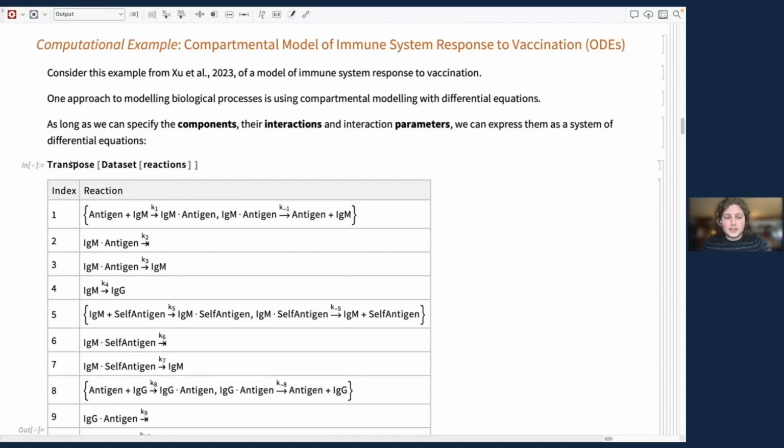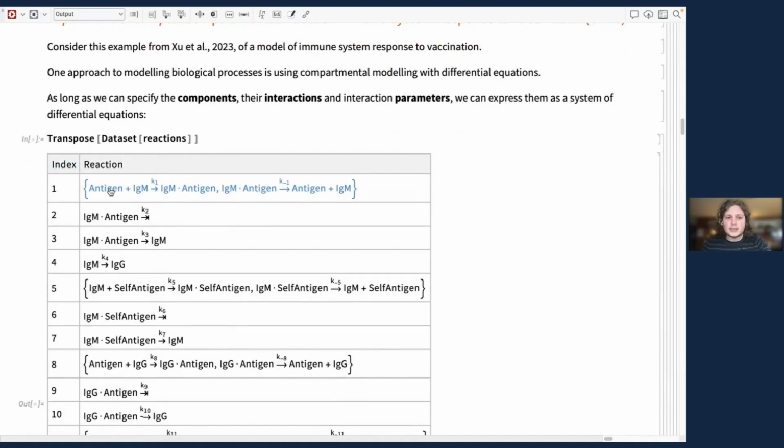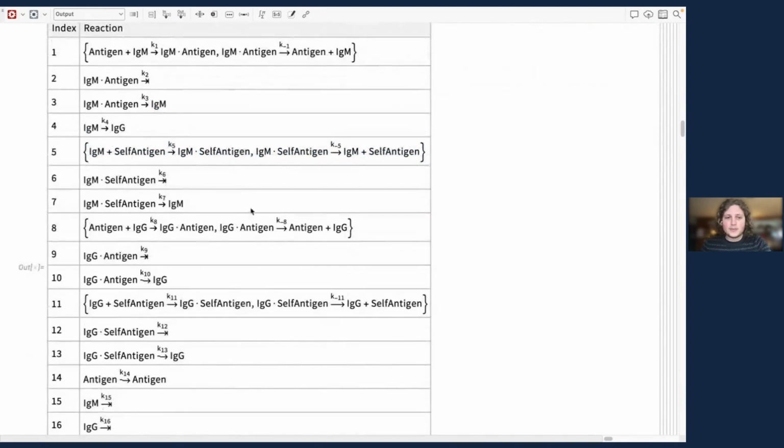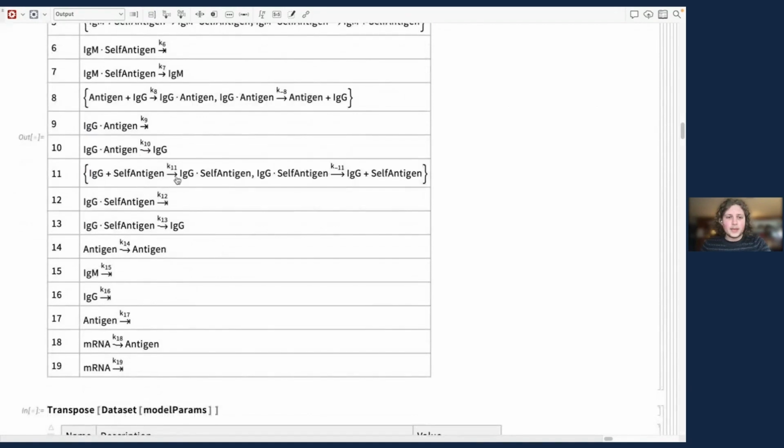So in this case, I'm using Robert Nakbar's compartmental modeling packlet, and I've written down a set of reactions. So we have all of these reactions between different components in the immune system, and this would be one component, this would be another component, and this would be the interaction parameter.